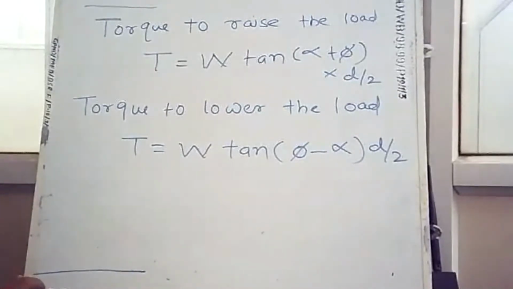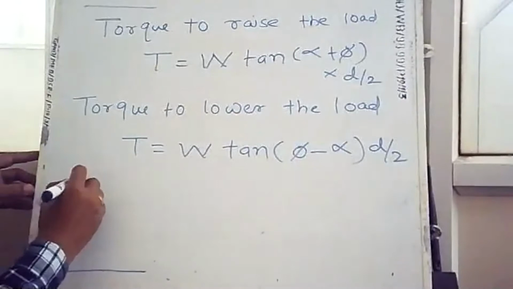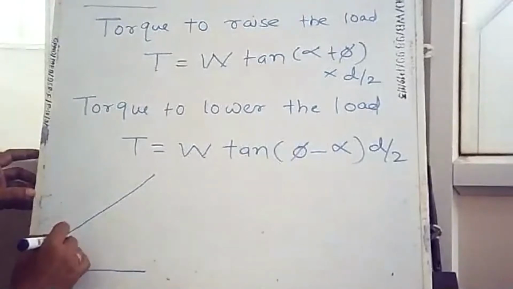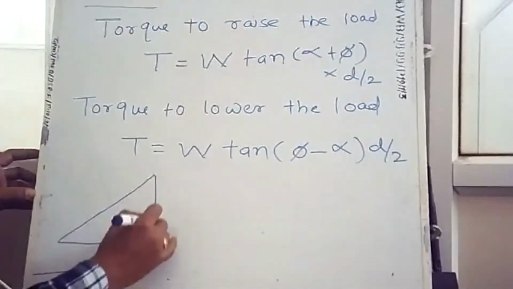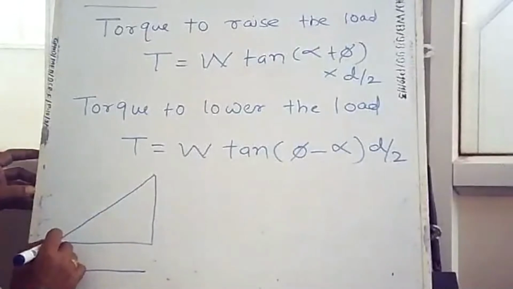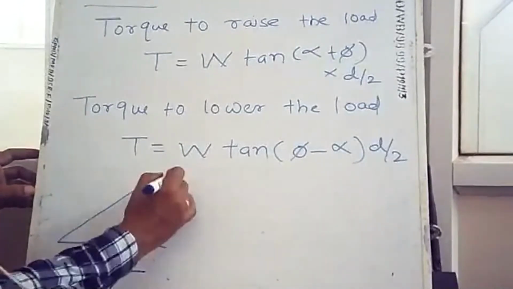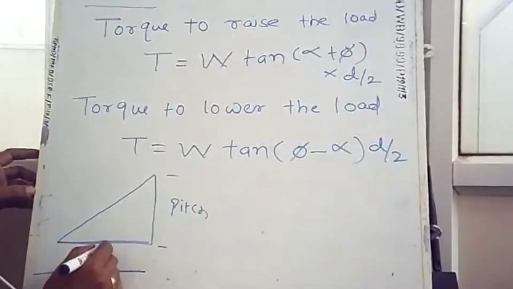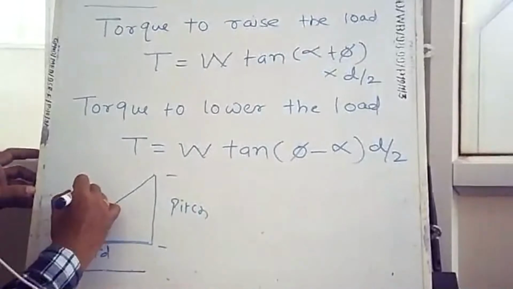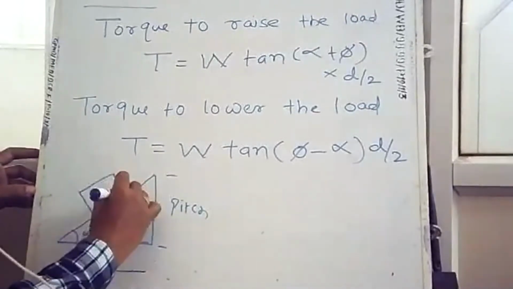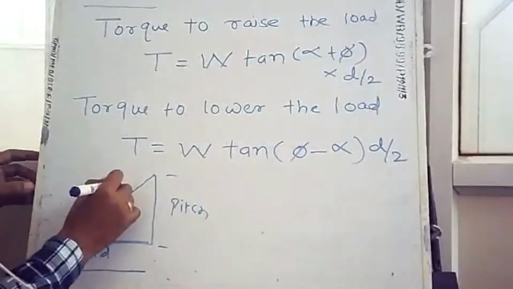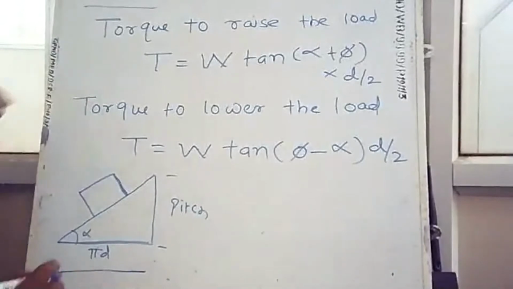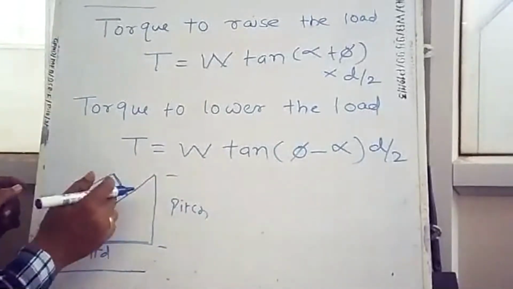This equation comes from the same kind of theory. In our last lecture we have seen the triangle of one thread. This is the pitch, this is pi d, this is alpha. There is a block of screw. In the torque required to raise the load, we considered the direction of effort in this direction, but now we have to lower the load.